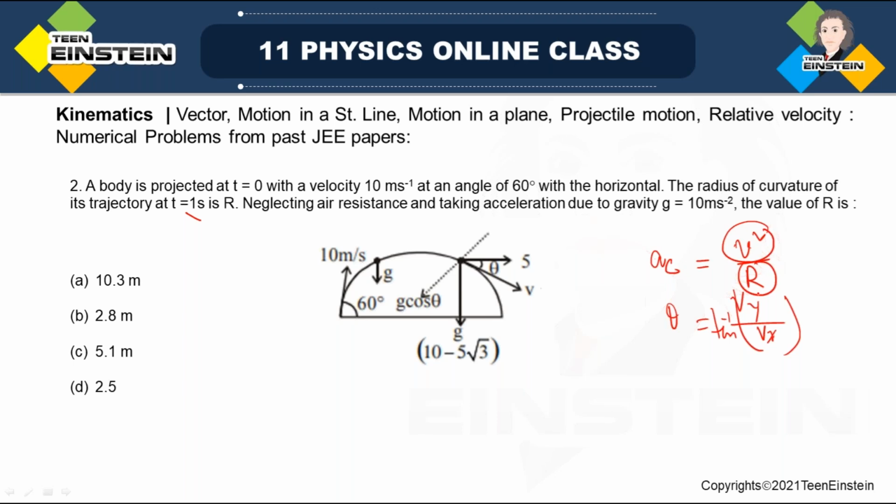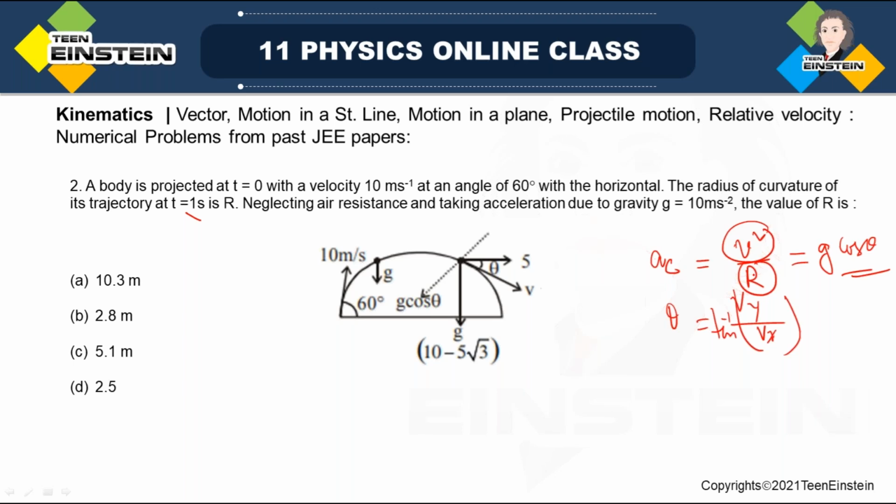So this thing is exactly equal to the acceleration towards the center. Okay, so that is g cos theta. This is equal to g cos of theta.